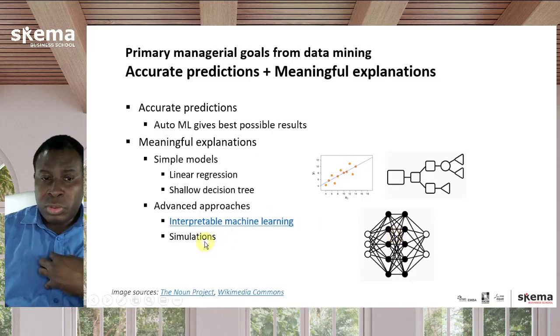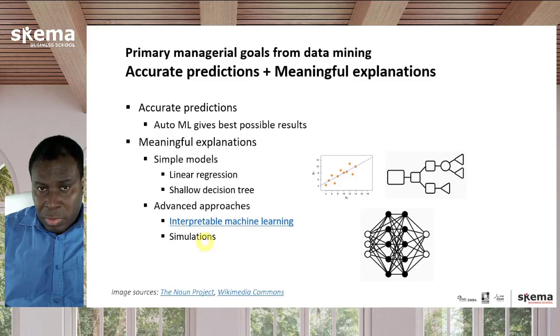Another approach to getting explanations out of modeling is simulations, where input values might be altered and then the model gives a result. So managers can change different input values and see how the result changes, and that gives them a very good idea of what is going on behind the model.